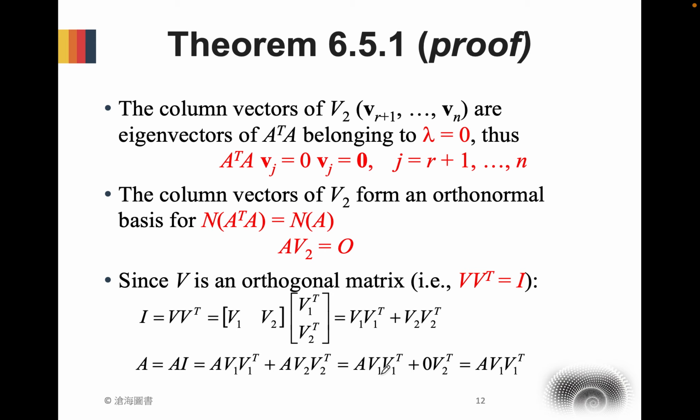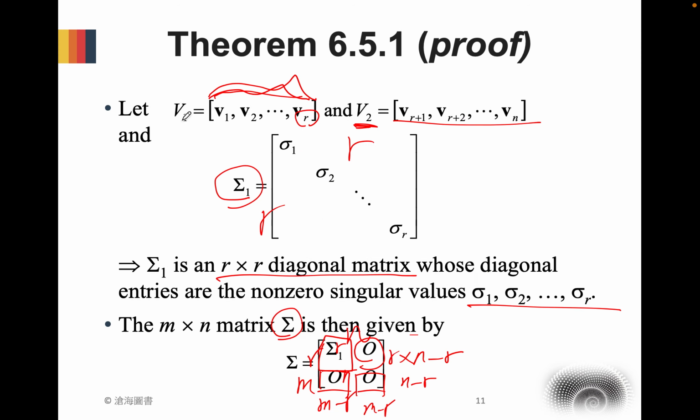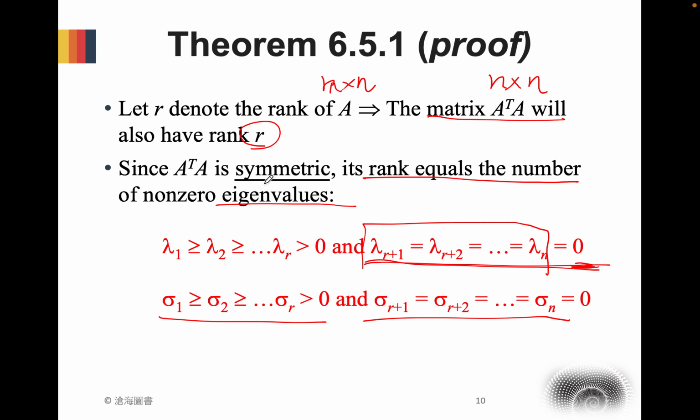Now, let's consider the column vectors of V2. What are these? They are the last n minus r eigenvectors. They are eigenvectors of A transpose A belonging to the 0 eigenvalue, because the first r eigenvalues are larger than 0 and the last n minus r eigenvalues are equal to 0.